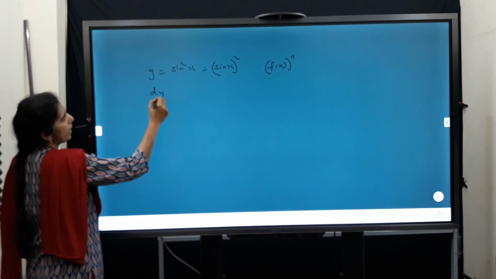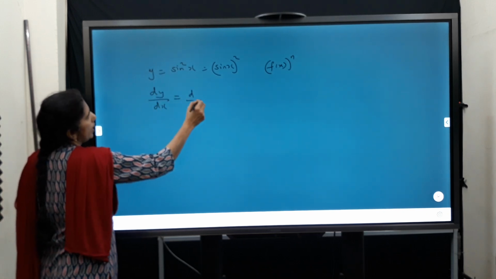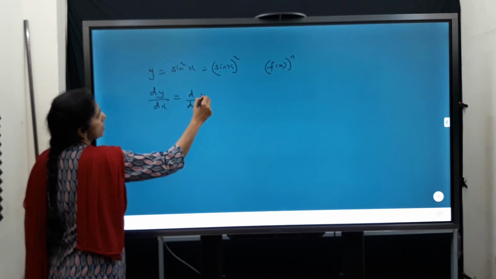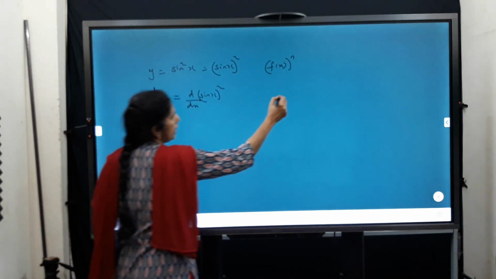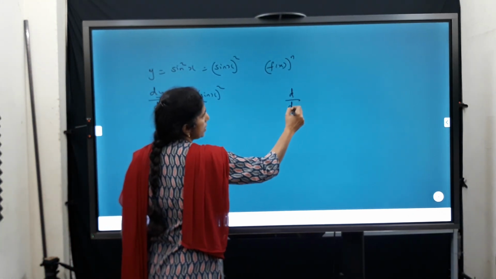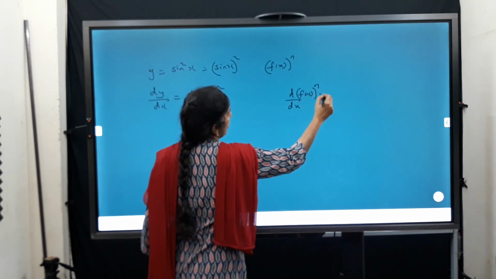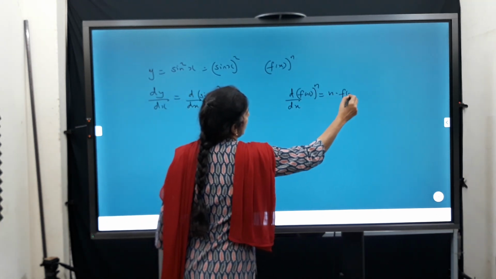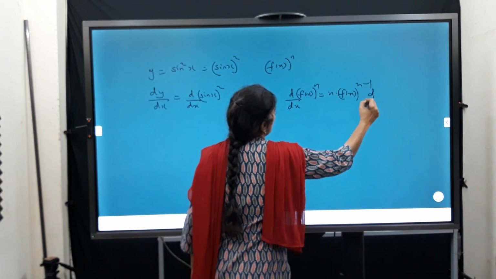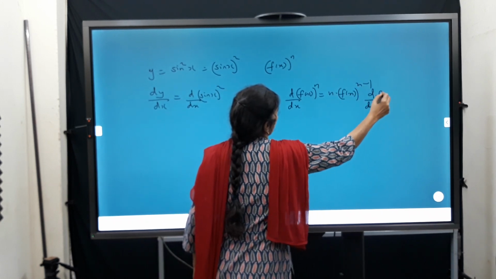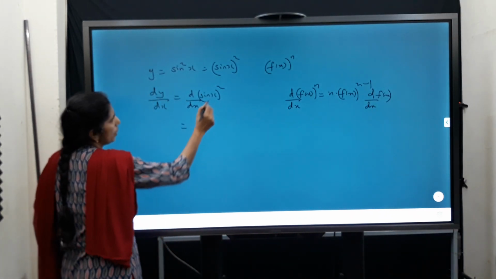If we use the direct formula, then dy by dx equals d by dx of (sine x) raised to 2. We have seen the direct formula is d by dx of (f of x) raised to n equal to n into (f of x) raised to n minus 1 into d by dx of f of x. So here our n is equal to 2.